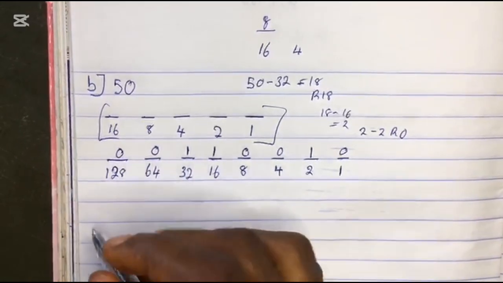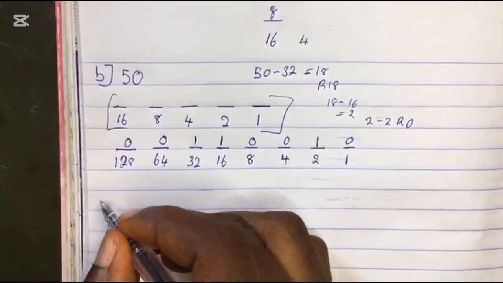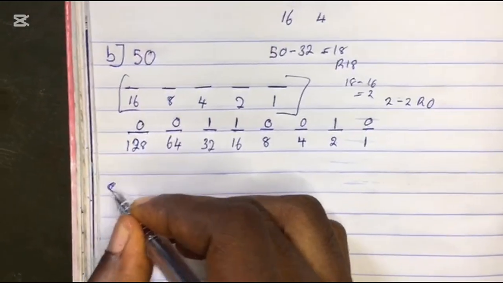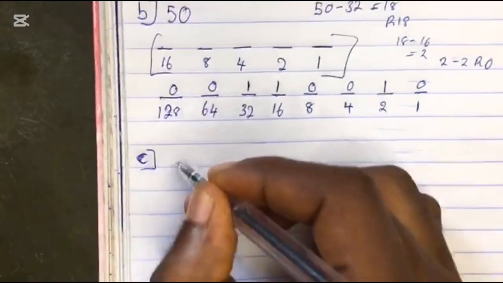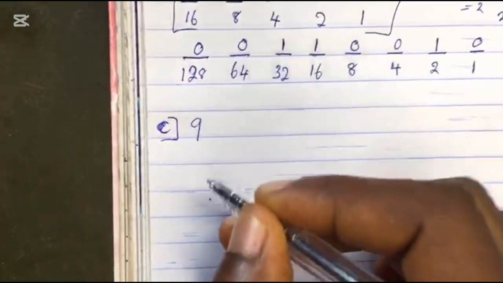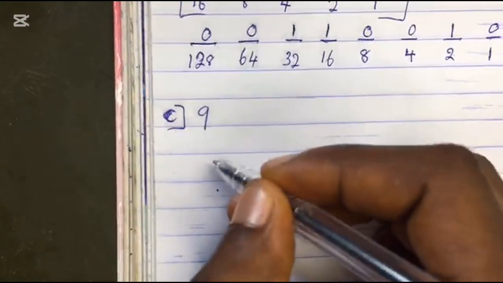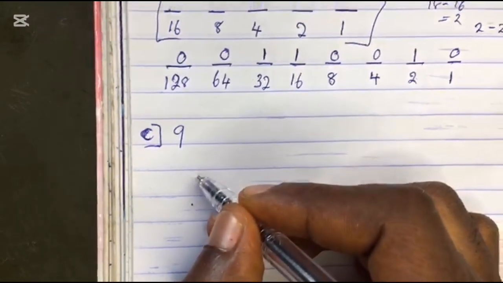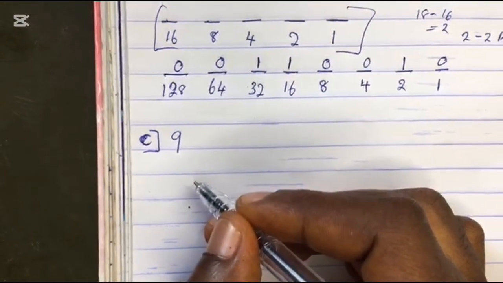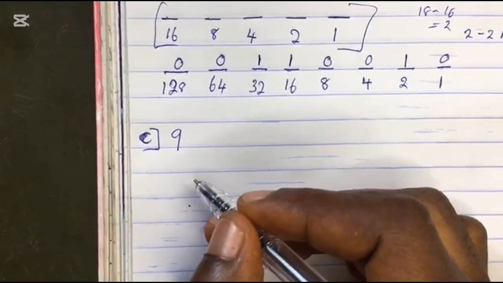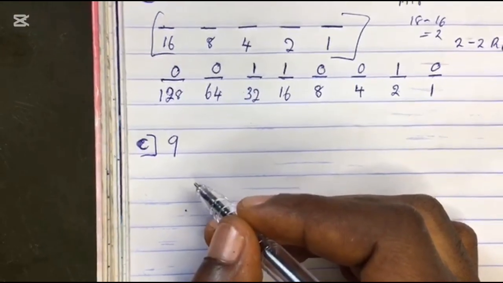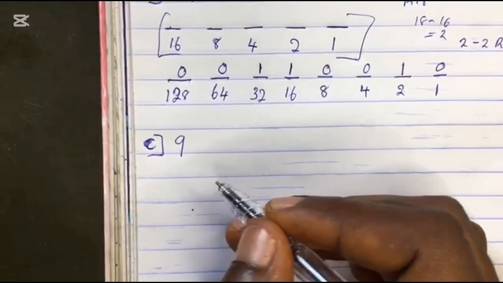So moving on to the next title number, C, which is 9. So for 9 now, is 16 greater than 9? Yes. So we just need just 4.